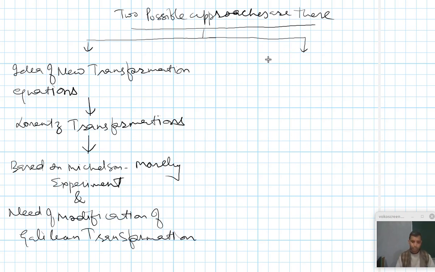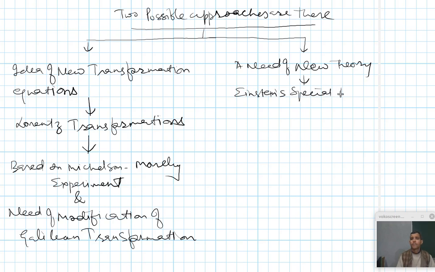And another possible approach is that a new theory is needed, and we call that new theory Einstein's special theory of relativity. Right?